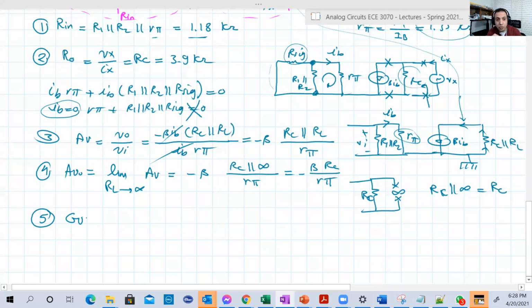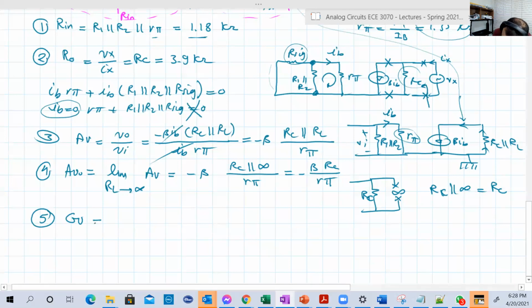Another way is to find AV naught from the circuit after removing RL, VO over V input. Then for AV, AV is equal to AV naught times R load over R load plus R output, the output resistance of the circuit. This is another way. Here is a third way. In the third way, you will find AV first, then AV naught by taking the limit RL equal to infinity. A resistance equal to infinity means it's an open circuit. That's it.